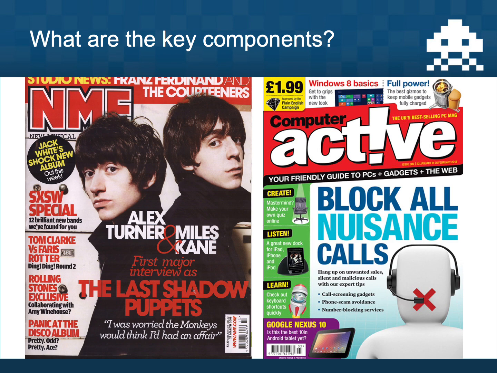The Last Shadow Puppets on one, and then Block All Nuisance Calls on the other. Down the left-hand side, we've then got the other articles. I guess people wouldn't buy these magazines if it was just one article. So down the left-hand side, we've then got sort of a list of the other key articles that are taking place. So although these are very different magazines, there are definitely key components there that are consistent.